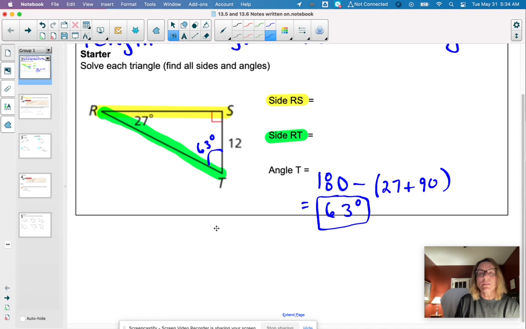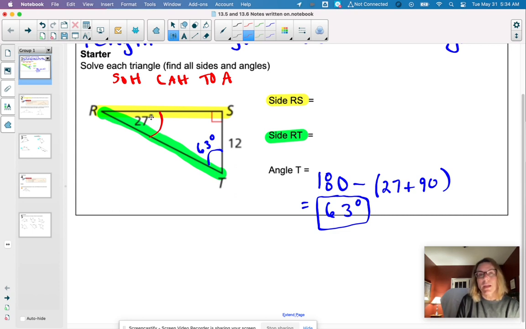Side RS, well, because it's a right triangle, we know that we can use SOH CAH TOA. If I'm going to call this my hey, look at me angle, because that was our theta that was given, let's start with that.